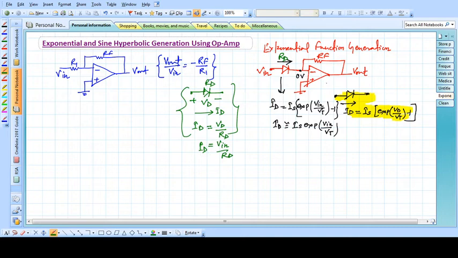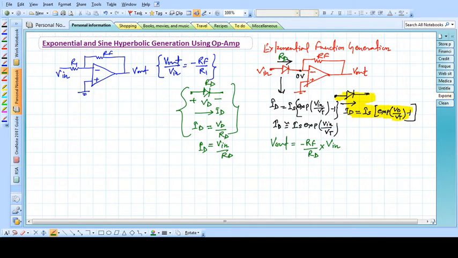Now this expression V output, simply we can write minus RF by RD into V in, simple non-inverting amplifier; RD I am telling this resistance.